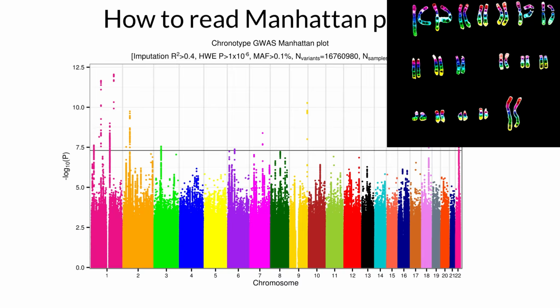But if you count, we have here 22 differently colored columns, and each of them represents one chromosome. And in this case, we have 22 autosomes. On this graph, you also can see a lot of dots, and each dot represents a single nucleotide polymorphism, or SNP.